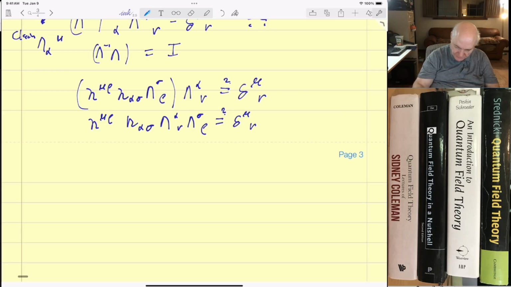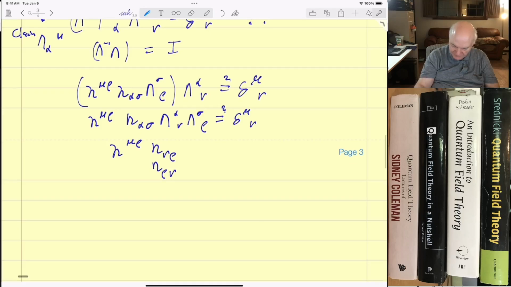Now we use that formula we have. We have two lower on the metric and two upper on the Lorentz transformation. So this is eta mu rho. This is eta nu rho. Maybe you're more comfortable if I write this since the metric is symmetric.